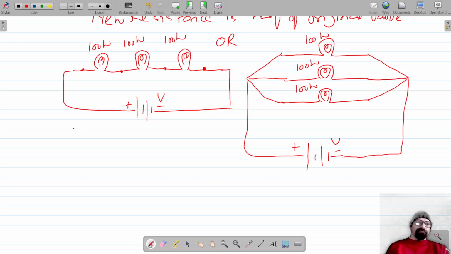It's the same source, so V remains V. So this is the series circuit, and this is the parallel circuit.